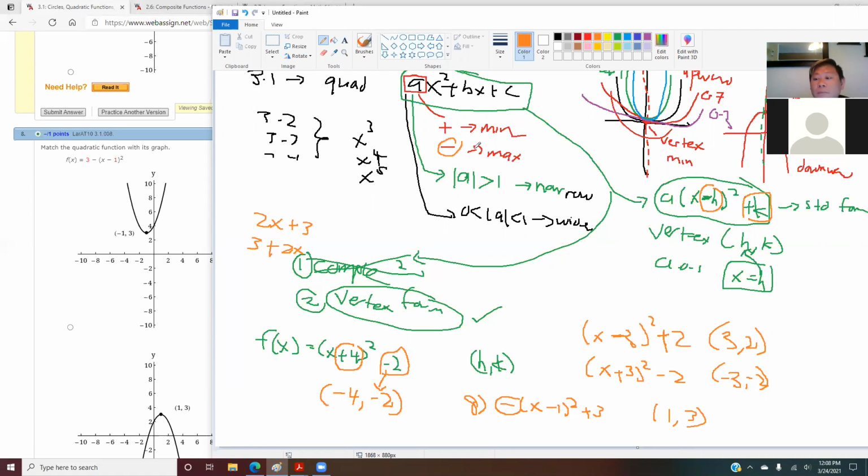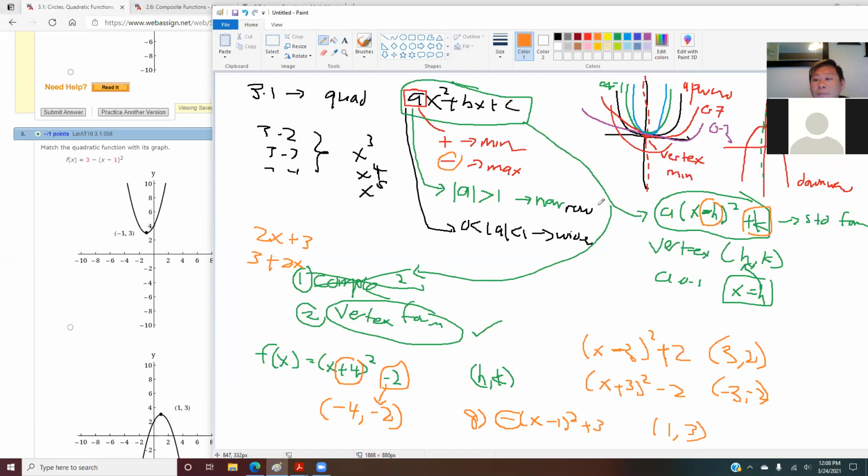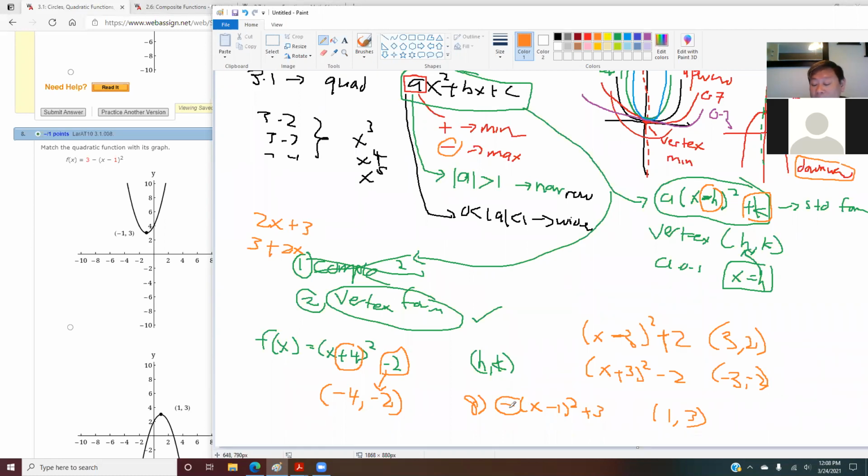It goes downward. So this negative means your parabola will go what? Upside down. Yep. Okay, this negative is the one.